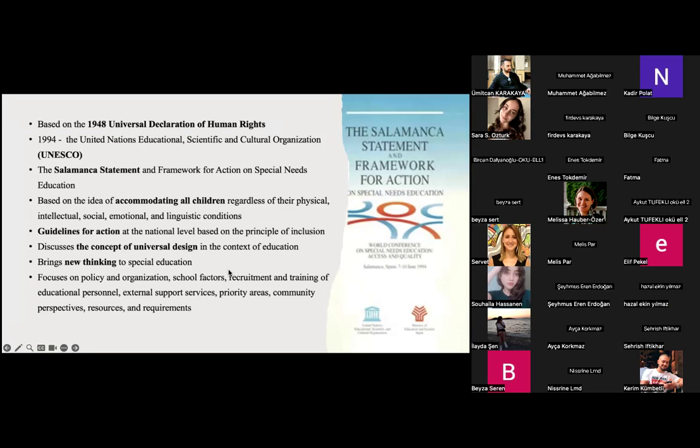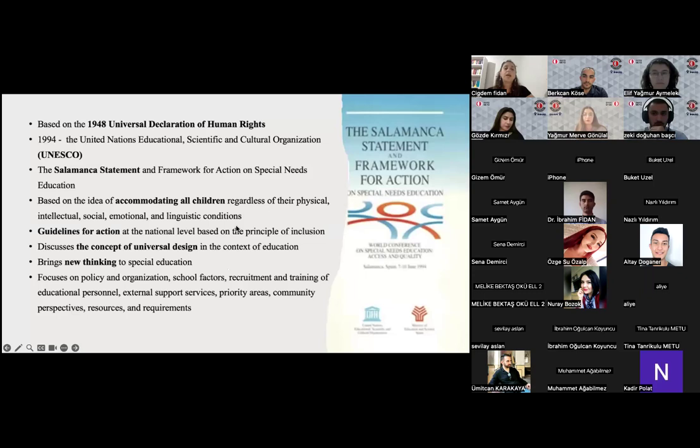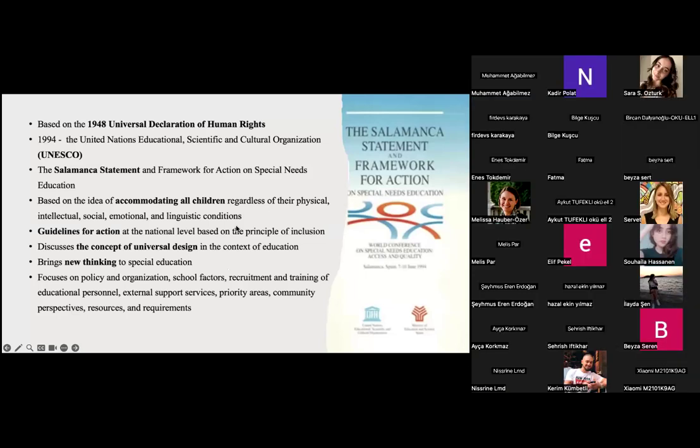This statement provides guidelines for national-level policies to take inclusive actions in education. It also discusses the concept of universal design and brings new thinking to special education with the concept of inclusion, focusing on policy and organization, school factors, recruitment and training of education personnel, external support services, priority areas, community perspectives, resources and requirements.